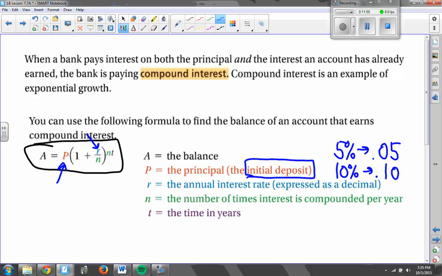This n that we see twice in this formula, down here underneath the r in the denominator of that fraction, and again up here with our t, is the number of times that the interest gets compounded every year. For example, monthly compounding interest. Monthly would mean n equals 12.